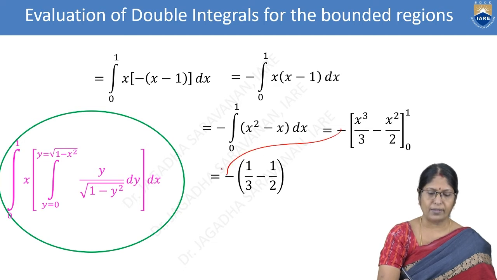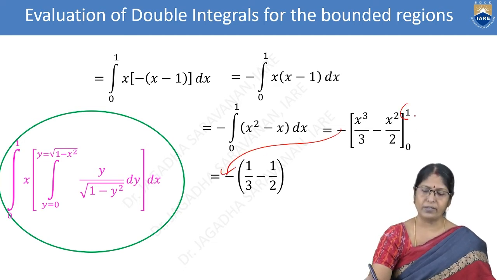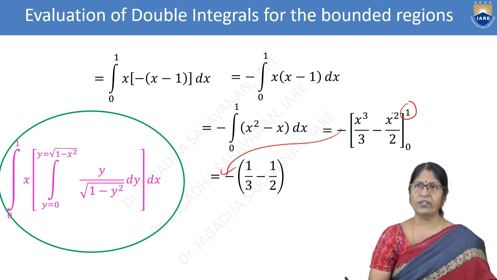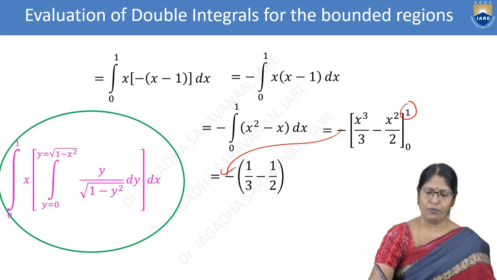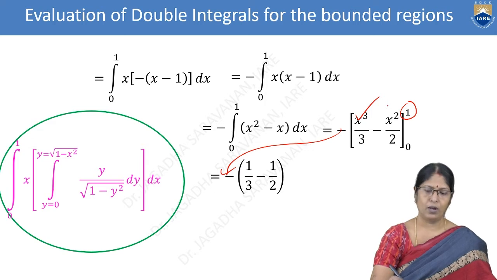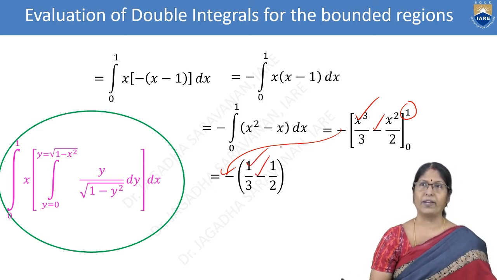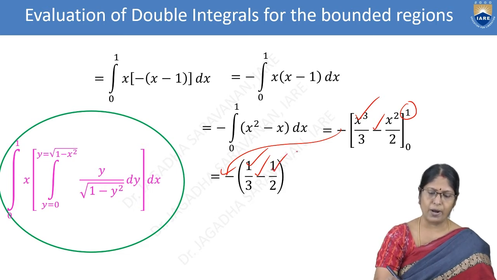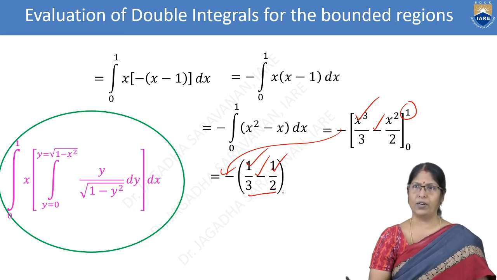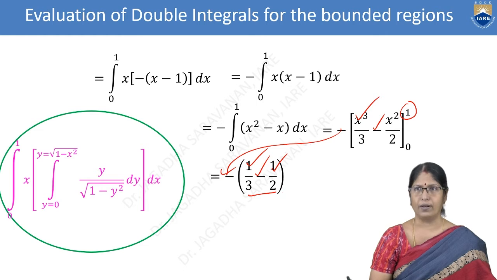This minus is as it is. The upper limit is 1, so we substitute 1 in the place of x. So when we substitute, here 1 by 3, this is minus, here also minus, and 1 by 2. We completed the work regarding the upper limit.